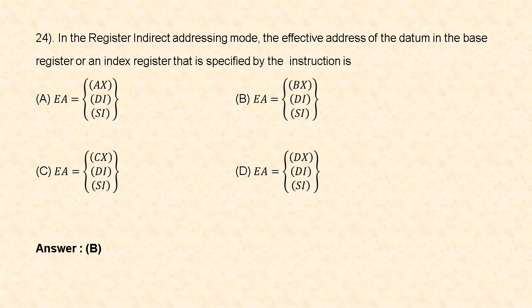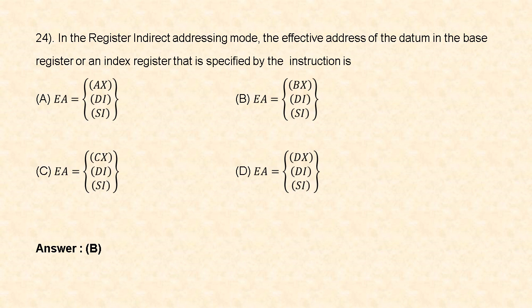Next question, in the register indirect addressing mode, the effective address of the datum in the base register or an index register that is specified by the instruction is option A, EA is equal to AX DI SI, option B, EA is equal to BX DI SI, option C, EA is equal to CX DI SI, option D, EA is equal to DX DI SI.